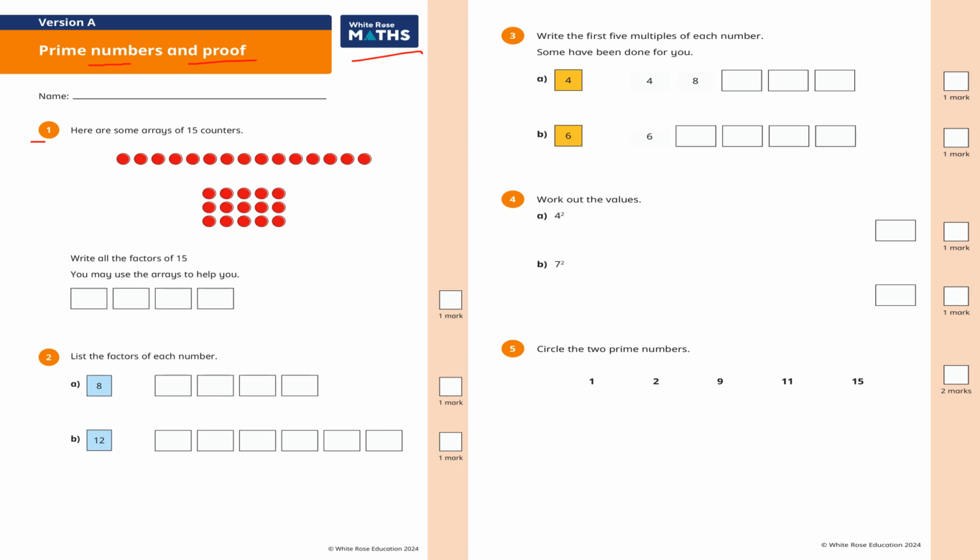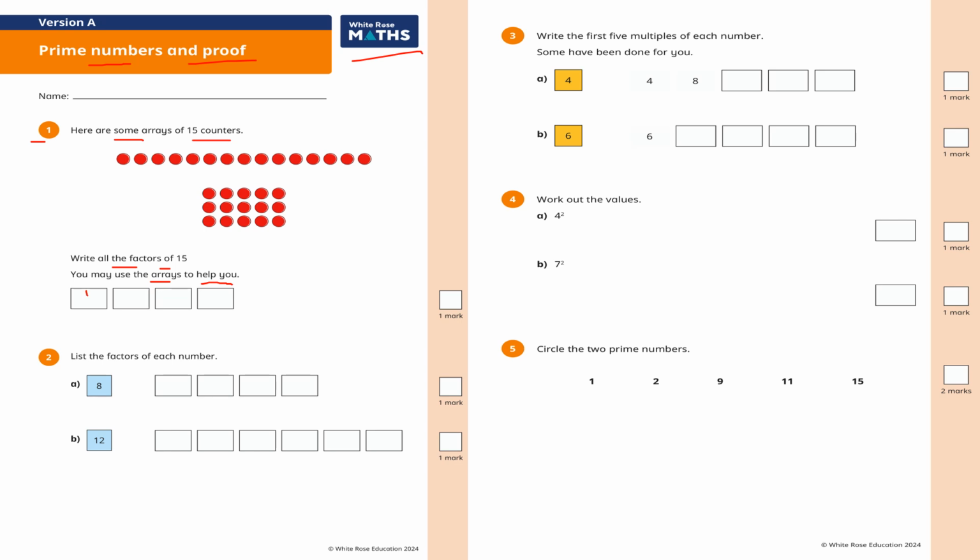Okay, question number one. Here are some arrays of 15 counters. Write all the factors of 15. You may use arrays to help you. So the word factor or factors just means a set of numbers that go into 15 cleanly without a remainder in this case.